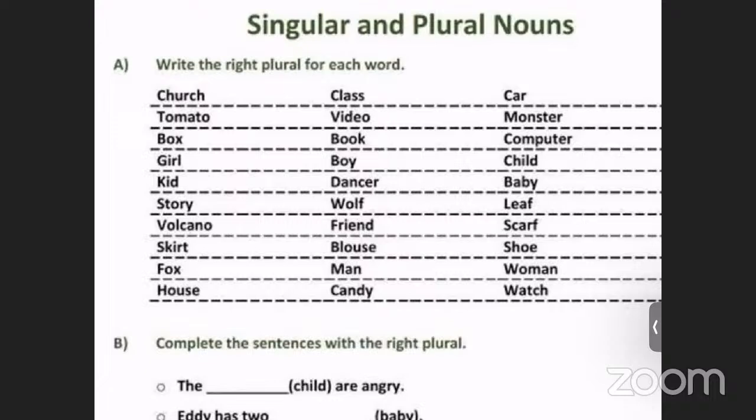Who can unmute and tell me what is a plural noun? How do you write the plural noun? Churches. Go ahead. How do you spell it? Spell it for me.